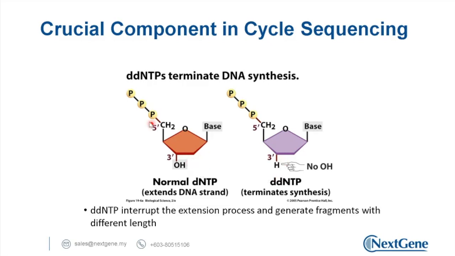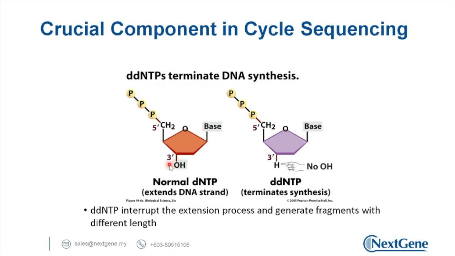So imagine now I have another dNTP, and I want to join it to the next nucleotide. So the reaction will happen down here. The phosphate group of the next dNTP will form a reaction with the OH group here.